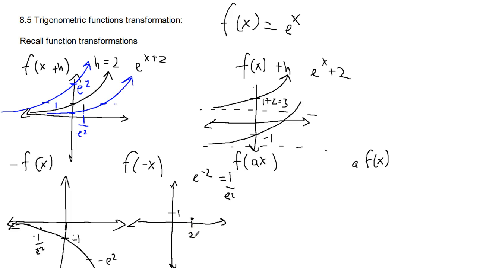But if you put negative 2 in the function, you'll get e squared, which is somewhere up here. So the function actually goes something like this. It's not going up, it's going down. It's exponential decay.